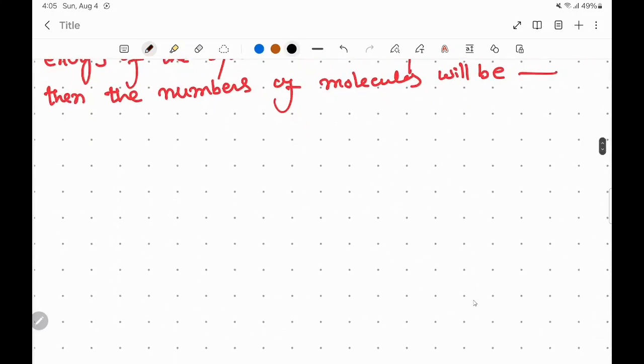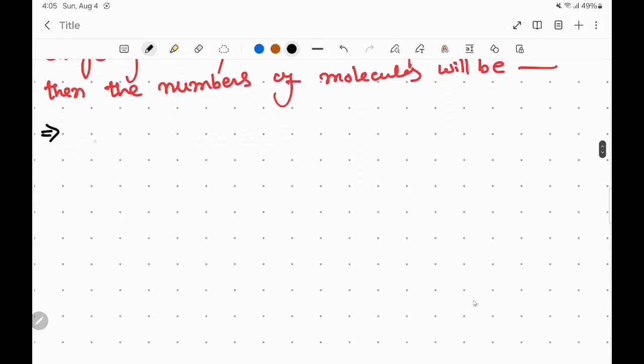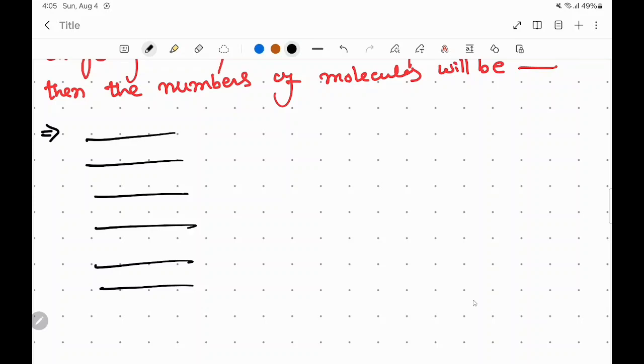Okay. So before discussing this question, let me discuss the Boltzmann distribution a little bit. We know that, let's say there are various energy levels. For any ith level, what will be the population? Ni by capital N. If there is any doubt while doing this problem, you can ask me.